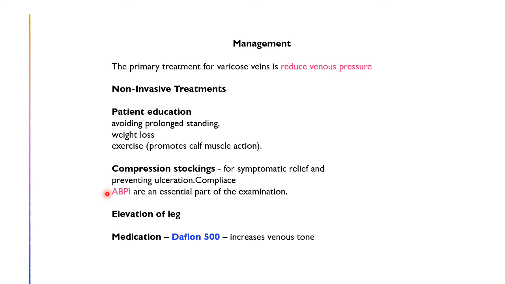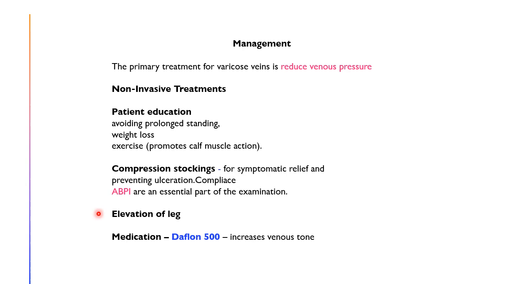The other important thing is we must ensure the patient does not have a peripheral arterial insufficiency, because compression bandages or stockings will worsen the arterial circulation in the lower limb. Therefore, it is utmost that you do an ankle brachial pressure index before advising the use of compression stocking.